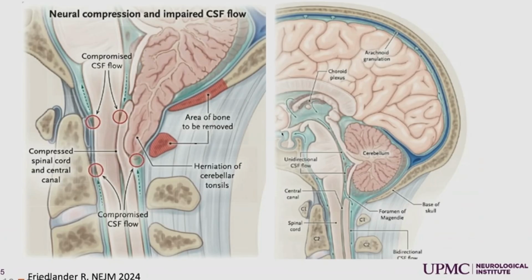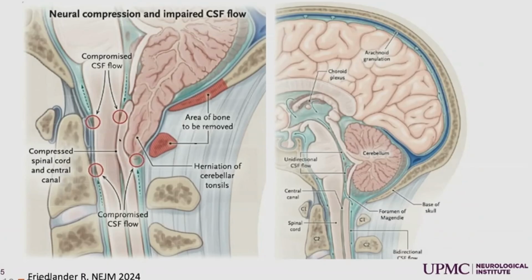So in a normal patient without Chiari malformation, this is a side view of the skull. The foramen magnum is here at the bottom, and you can see that the cerebellum does not go below the foramen magnum. What happens in Chiari is that, because this back part of the skull is usually a little bit small, the cerebellar tonsil herniates down, and the CSF, the cerebrospinal fluid from the brain, is blocked off, so it cannot flow freely through there, and there's pressure on the spinal cord.